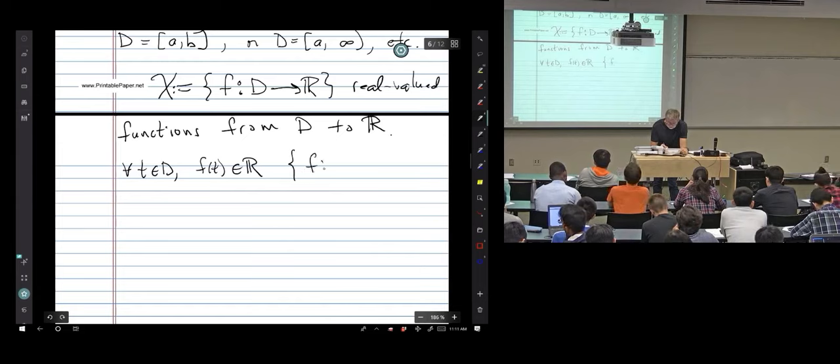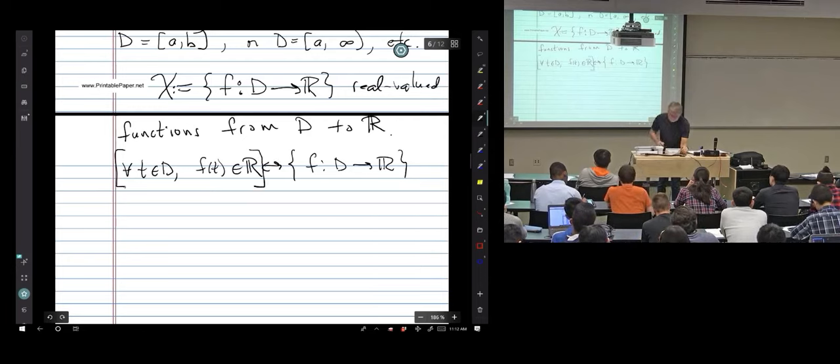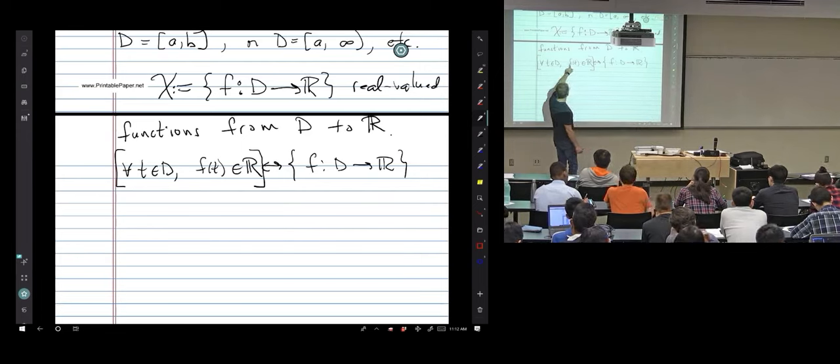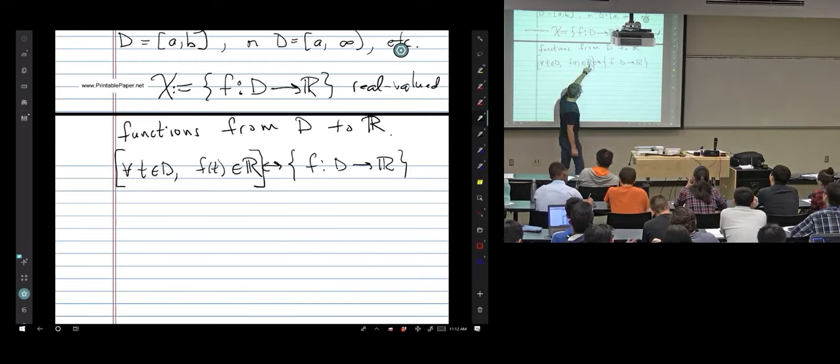That's what we mean by f takes D to R. For every point t, I have a rule f that associates with that t a real number.